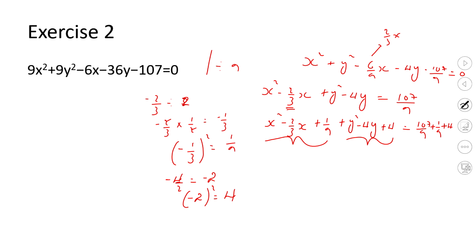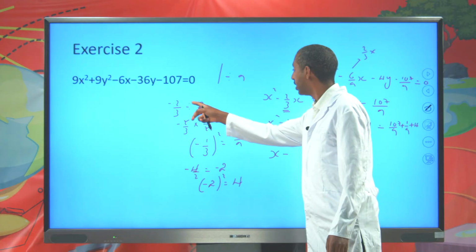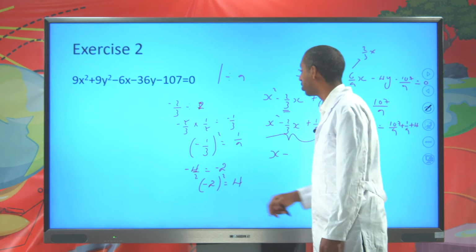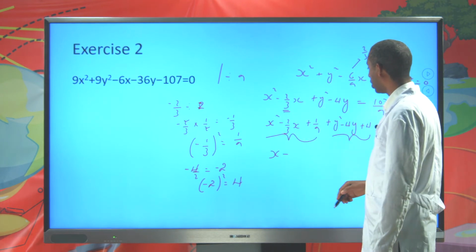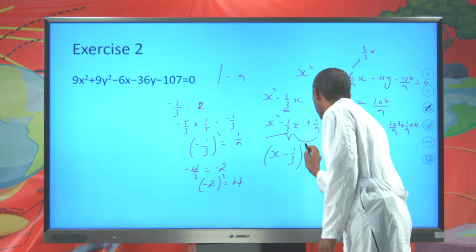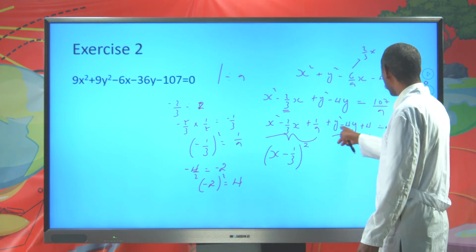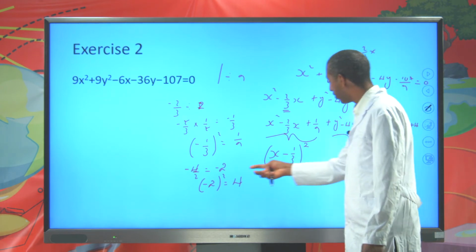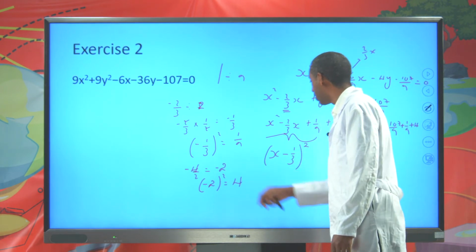This expression may be simplified as x minus, here we divide minus 2 over 3 by 2, and we got negative 1 over 3. So we have minus 1 over 3, the whole square. And again, we have this expression. We divided minus 4 by 2, which is negative 2.